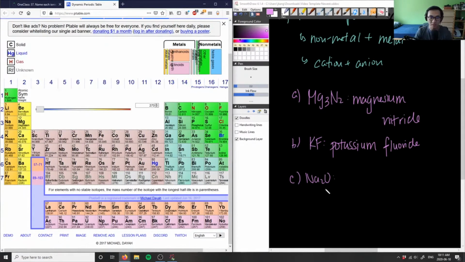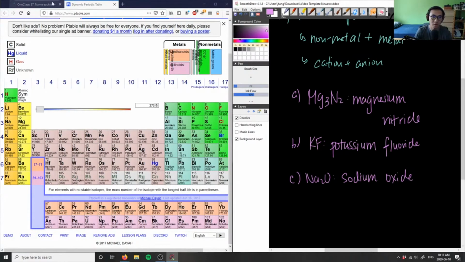So for C we have Na2O. Na is my first element, which is the metal. Na exists on the left side of the periodic table and represents sodium. And O is oxygen. Remember, we drop the ending, the gen, and add IDE. So this would be sodium oxide.